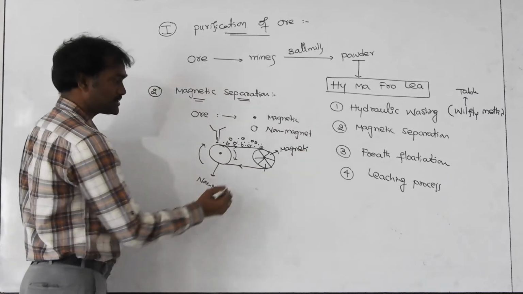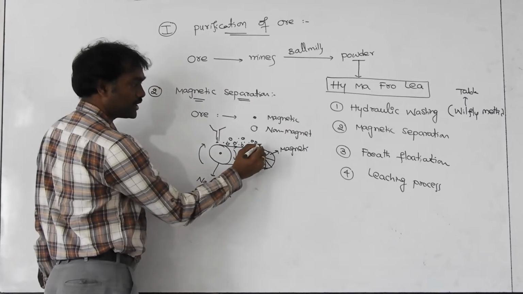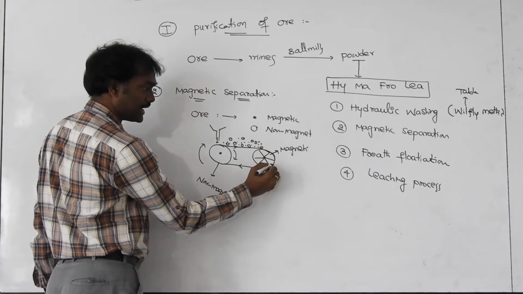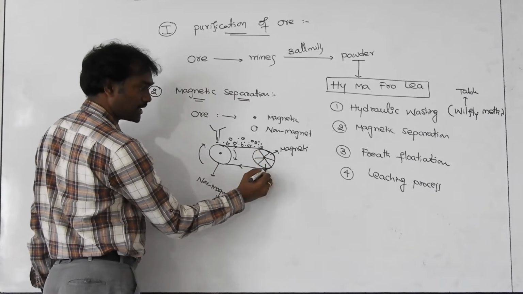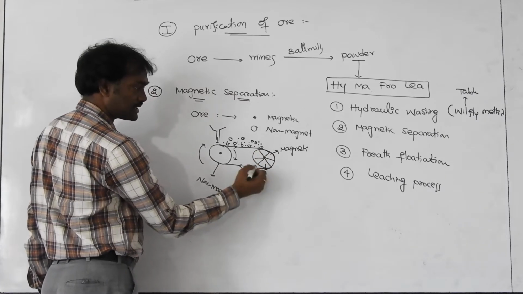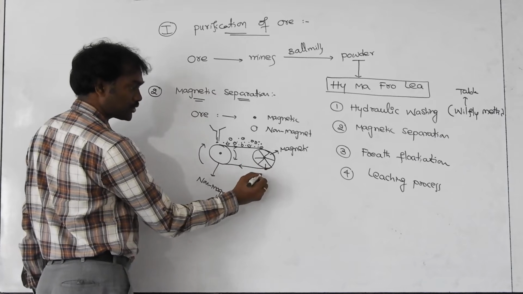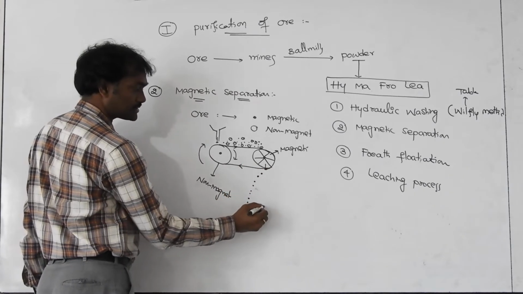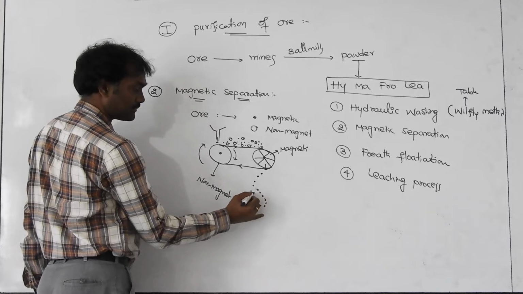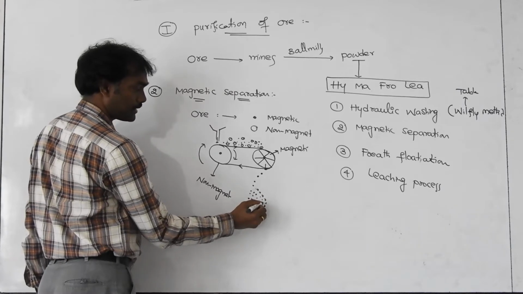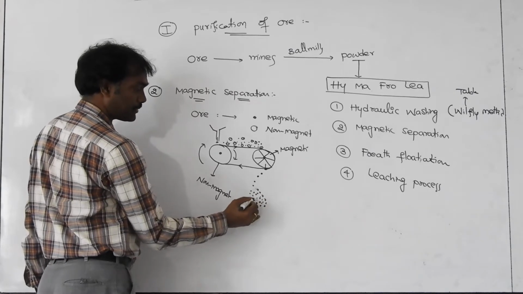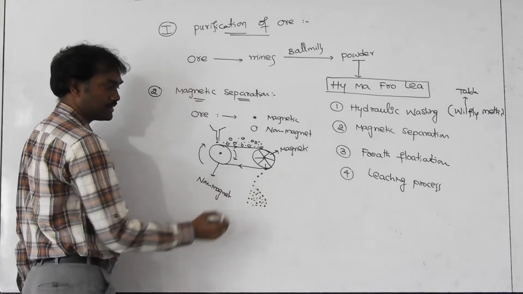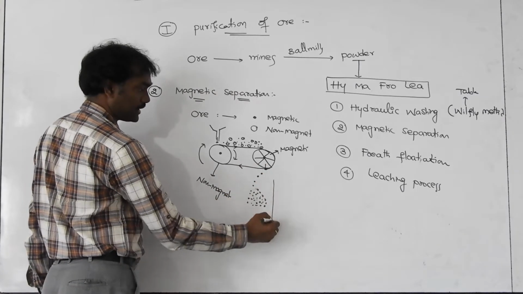What happens when this roll is rotated? The magnetic particles are continuously attached up to this point, and after this the magnetic material is eliminated. All the magnetic particles come up to the last end of the wheel turbine and are separated here.